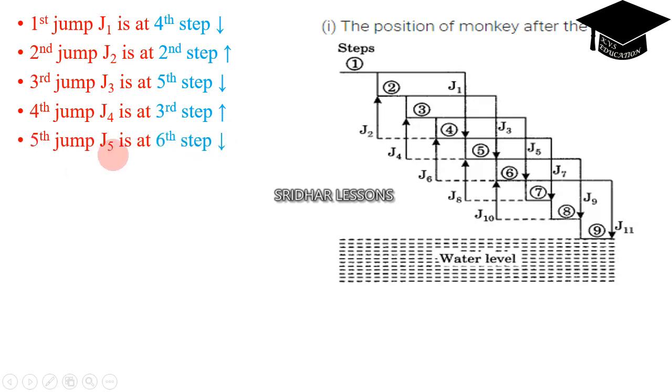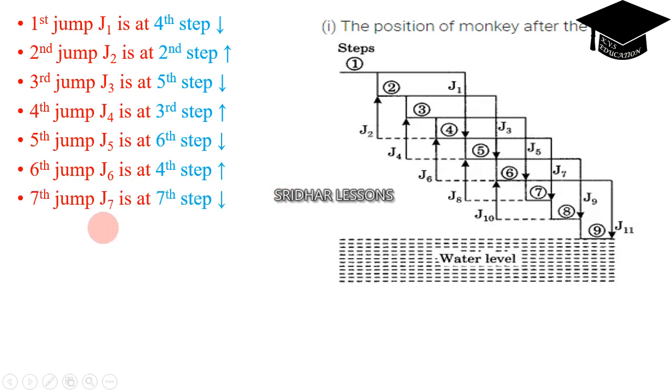For the fifth jump, J5 is at the 6th step. Sixth jump, J6 is at the 4th step, upwards. Seventh jump, J7 is at the 7th step, downwards.